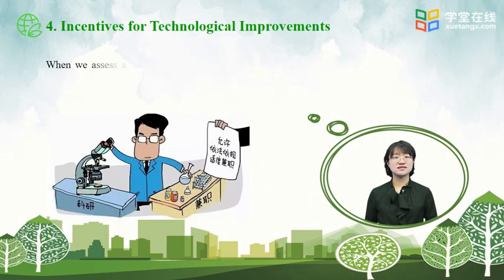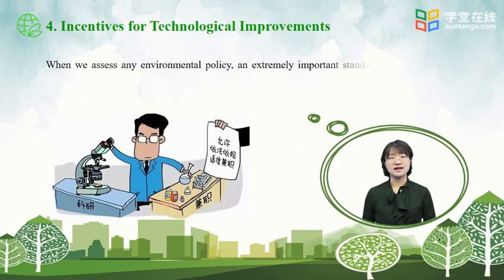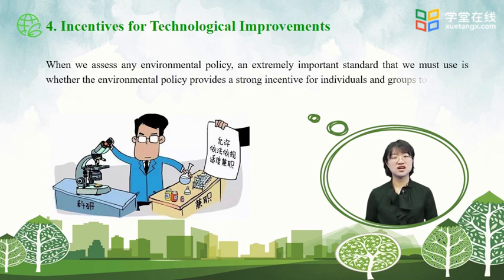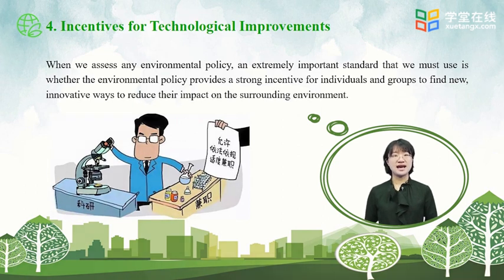The fourth standard for assessing an environmental policy is incentives for technological improvements. When we assess any environmental policy, an extremely important standard that we must use is whether the environmental policy provides a strong incentive for individuals and groups to find new innovative ways to reduce their impact on the surrounding environment.